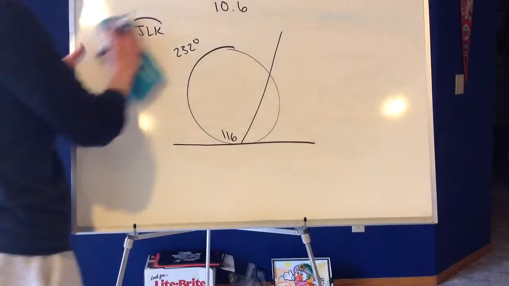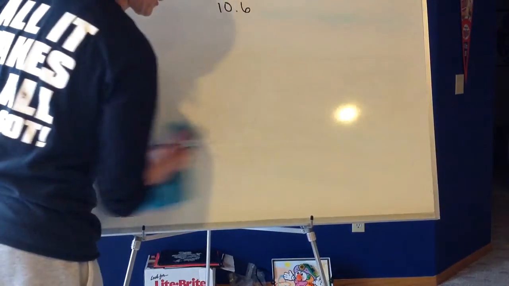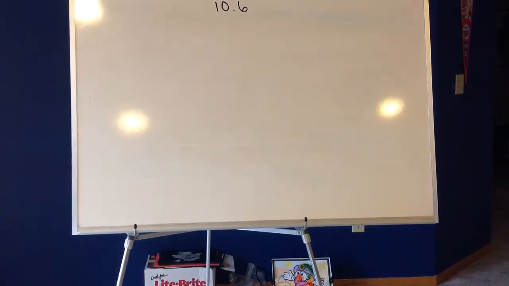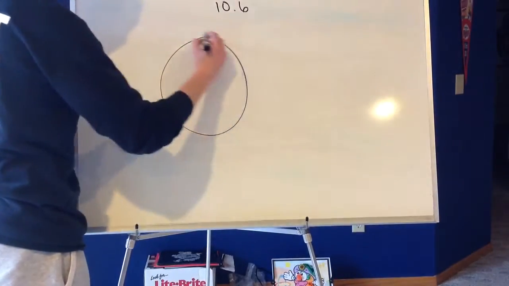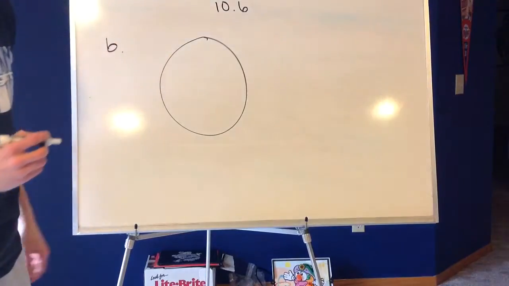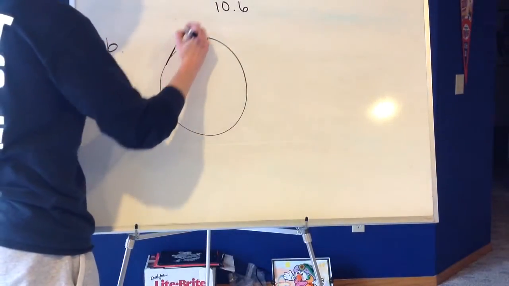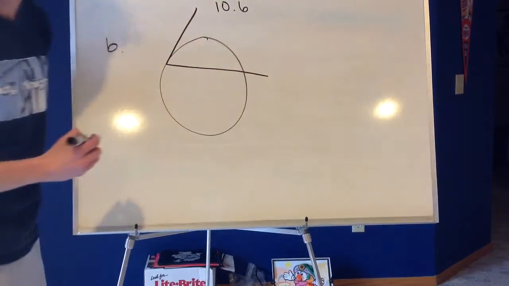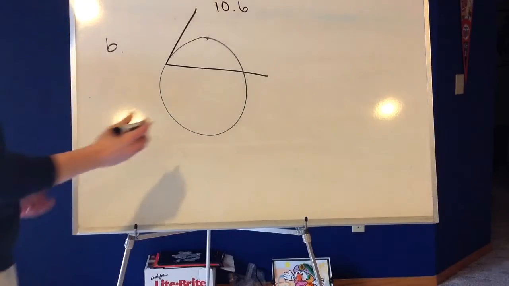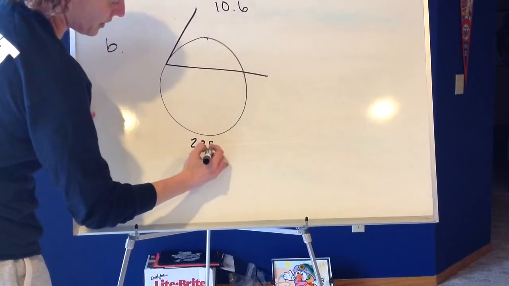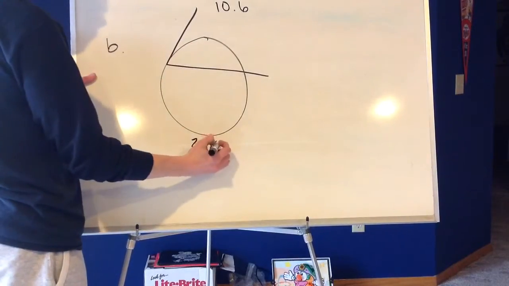Okay, for B, they actually give us the arc and ask us to find the angle. So just kind of doing the exact opposite for this one. Okay, so you've got your circle. This time they put it up here. And they tell you to find measure of angle RQS. If measure of QTS is 238, that would be this guy right here, and they're asking us to find that angle.